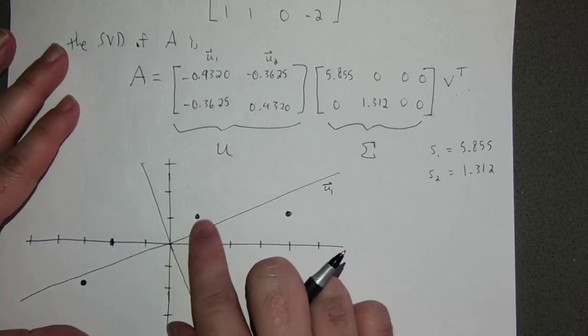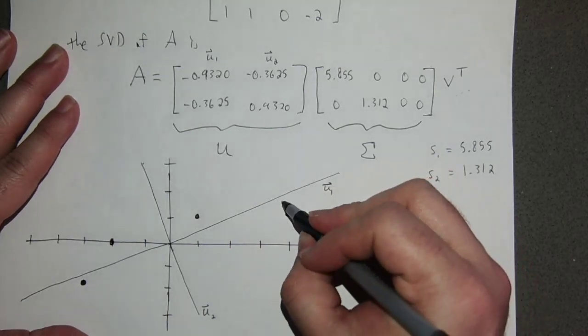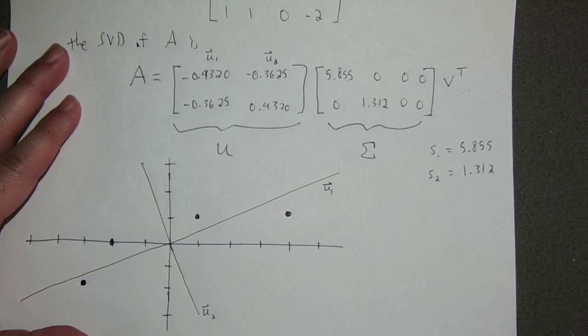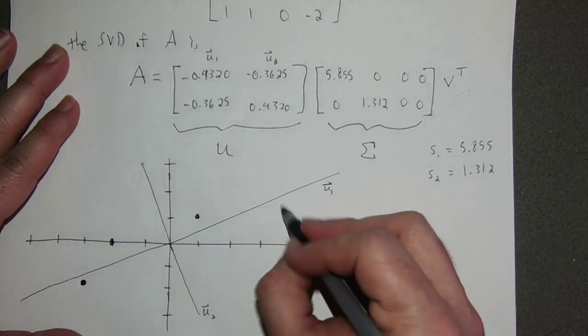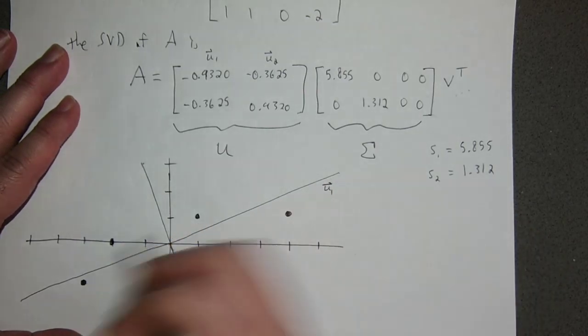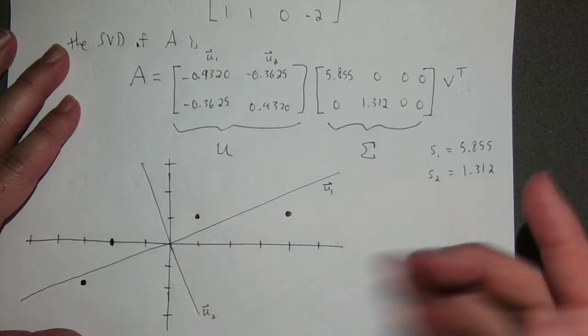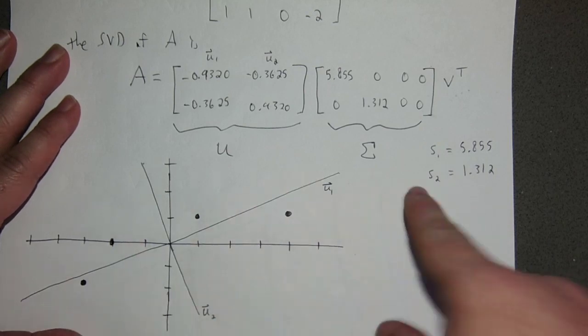If I were to take these points and squash them down to u1, what does that mean in big boy language? It means that I'm going to orthogonally project, right? So if I project these points onto u sub 1, then what I get is a bunch of points that are spread out a good bit. They're peppered all over this line.